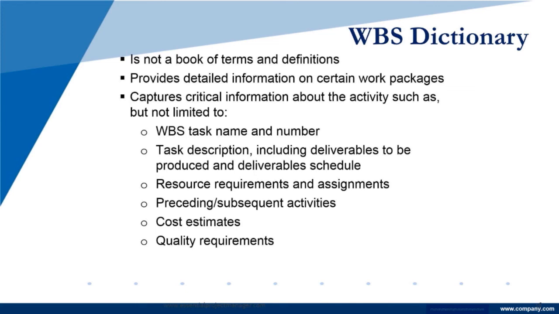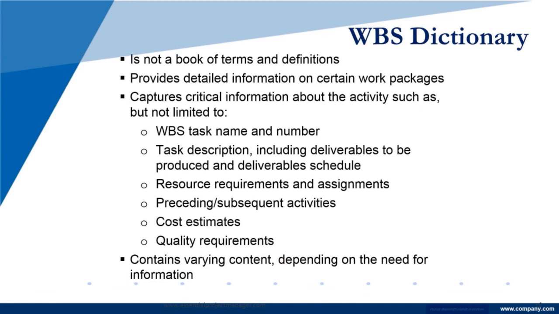Quality requirements. If there are any quality type pieces to this, and we'll talk about quality a lot more a little down the road, different lecture, but realize those quality requirements can be captured right there in your work breakdown structure data dictionary. It may vary.